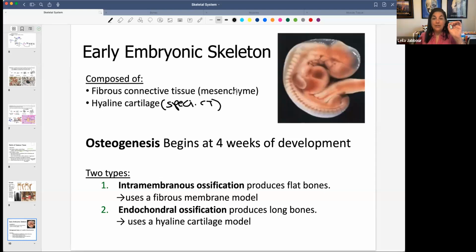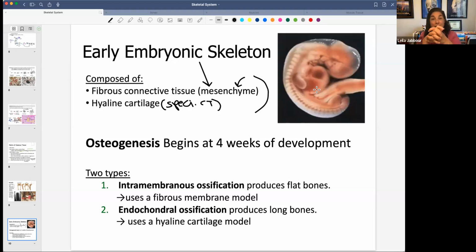And fibrous connective tissue, also called mesenchyme, that's a word I had mentioned earlier. Mesenchyme is the general connective tissue in an embryo. And that's it. The embryo is basically a little rubbery structure that has no bones in it.